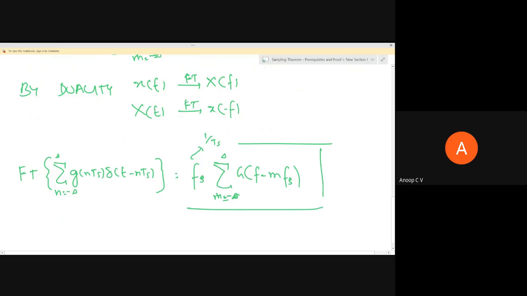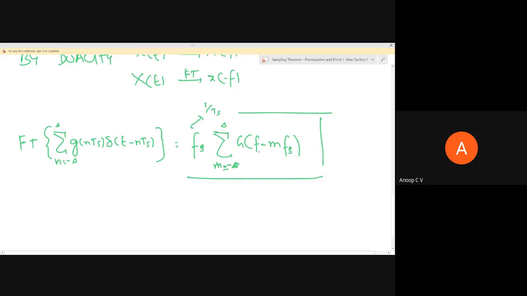If you closely inspect this, this is g of f shifted by an amount mfs, and this m runs from minus infinity to infinity. So we can see it as the spectrum of g of f replicated at every multiple of fs on both the positive and negative sides.